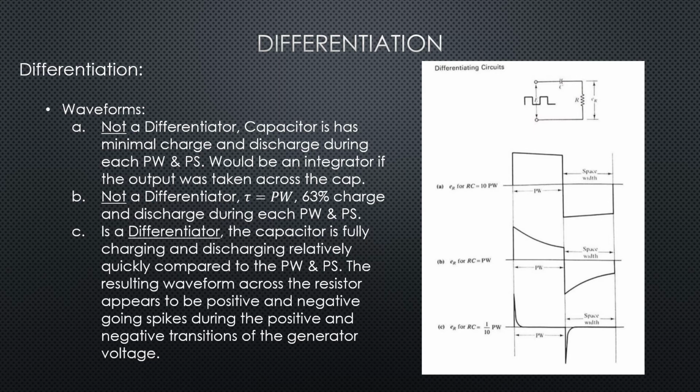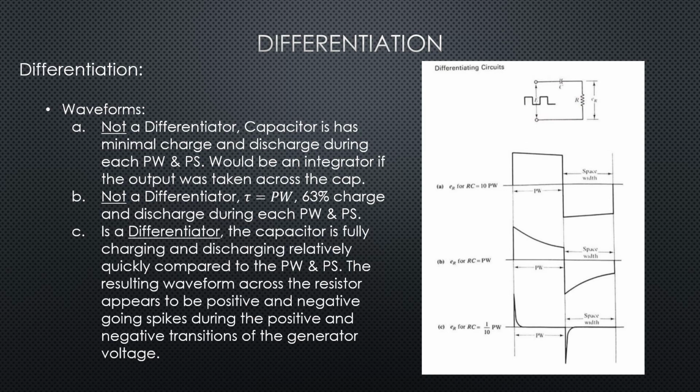On the next waveform, waveform C, we can see that we've got our differentiator formula where RC is equal to 1/10 times the pulse width, right? And we've got plenty of time now for the capacitor to charge rapidly and then discharge rapidly.